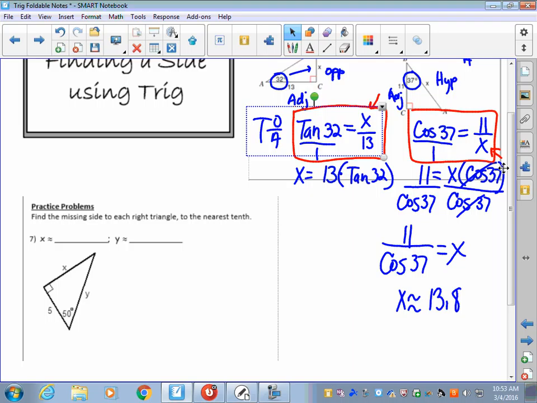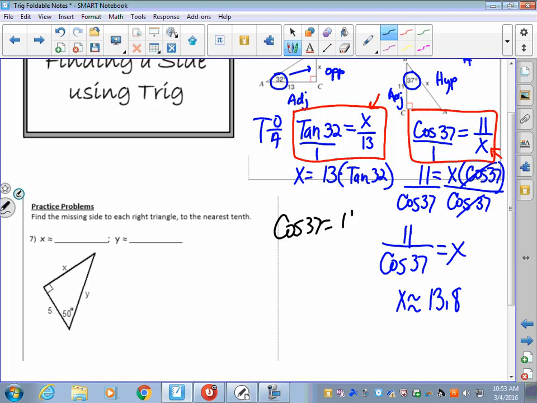Notice when X was on the bottom, what did we end up having to do? We had to divide. So I'm going to go back to what we started with. Cosine 37 equals 11 over X. Whenever X is on the bottom, this is what I say to help you shortcut: switch these two.